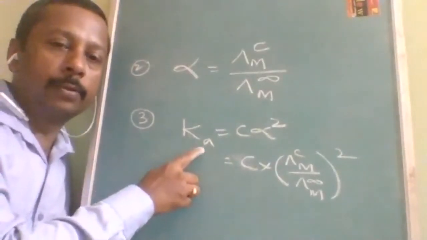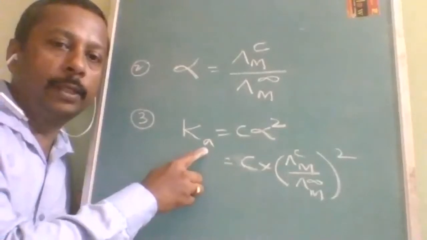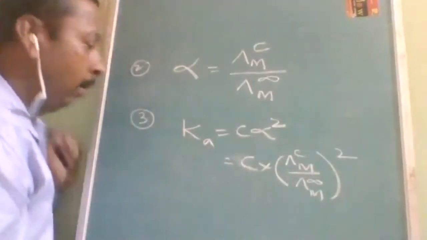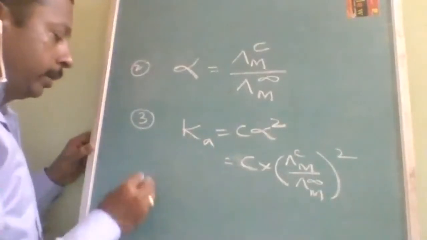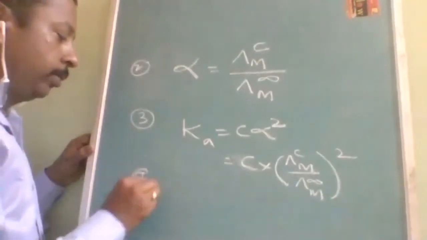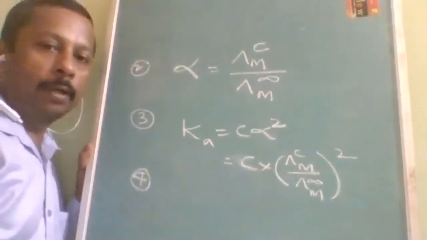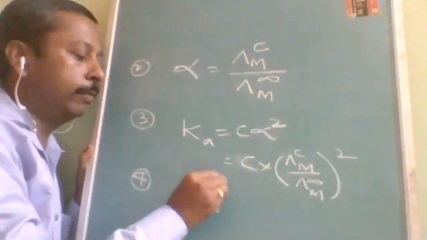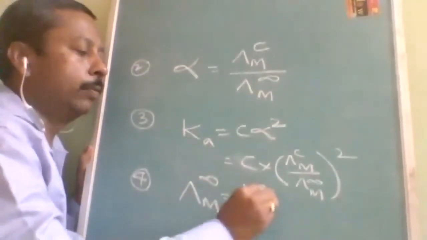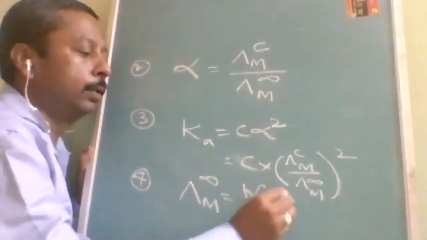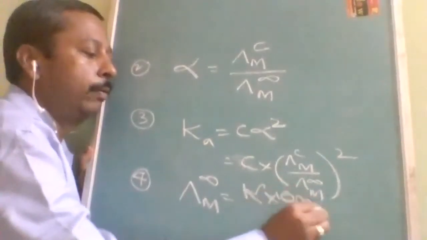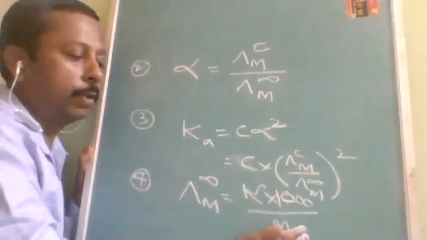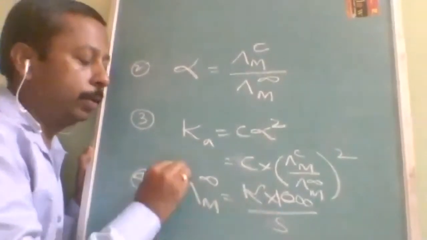The dissociation constant of what? Weak acid. Any doubt about this? Next, we can also use it for solubility product. What can you find out? Molar conductivity at infinite dilution is equal to K into 1000 divided by the molarity, and that itself is called solubility.